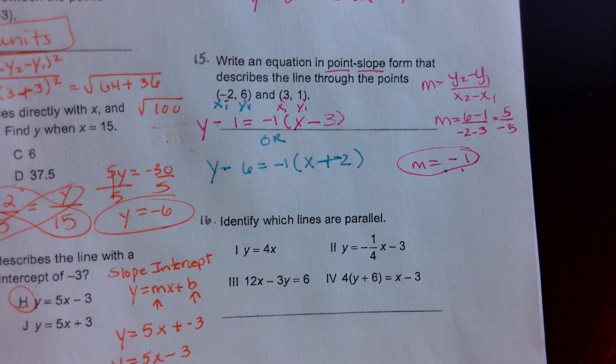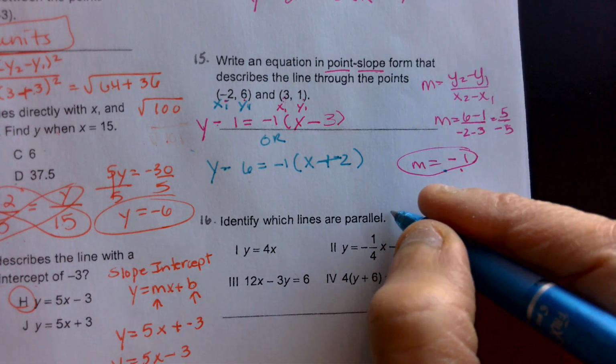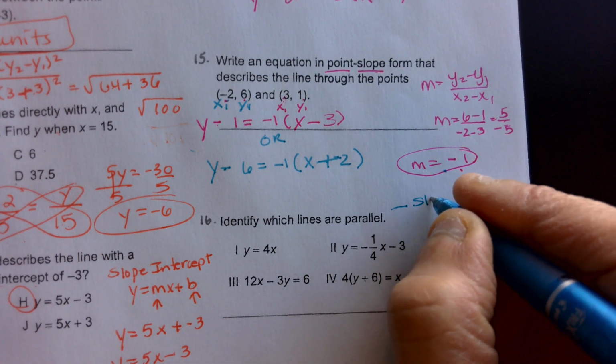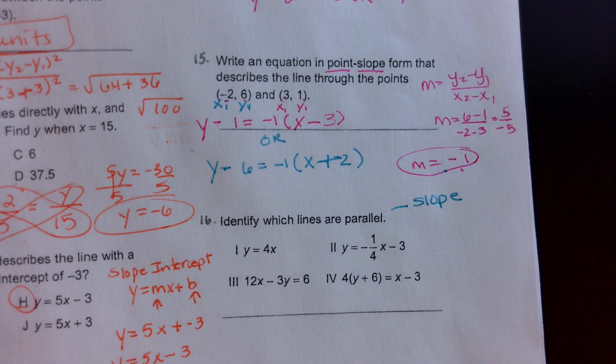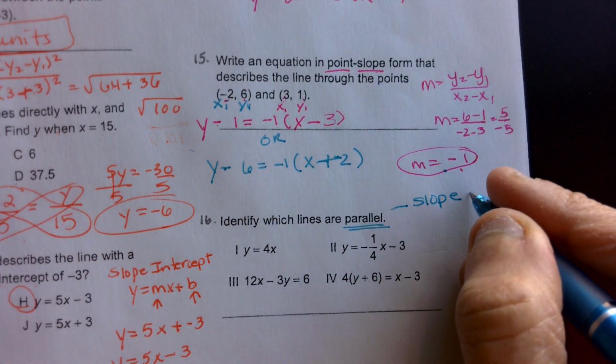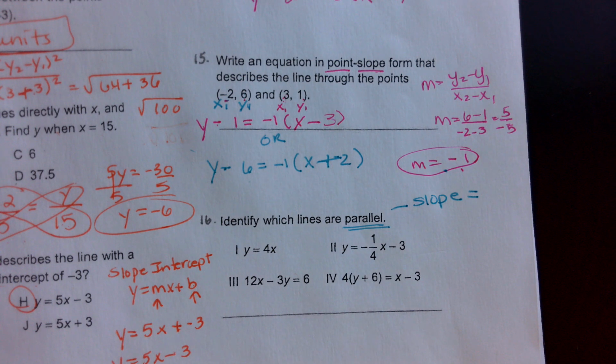Now, identify which are parallel. Okay, well, you're given a whole bunch of equations here, and you've got to be able to pull out what you need in order to figure it out. In order to determine if it's parallel, you need the slope for each of these. Because remember, to be parallel means the slope is equal.